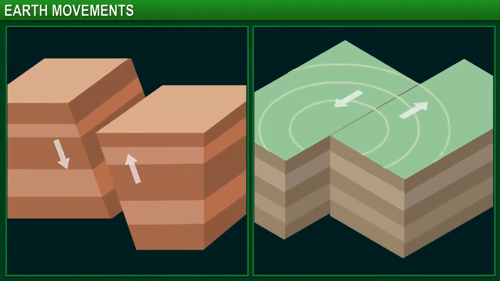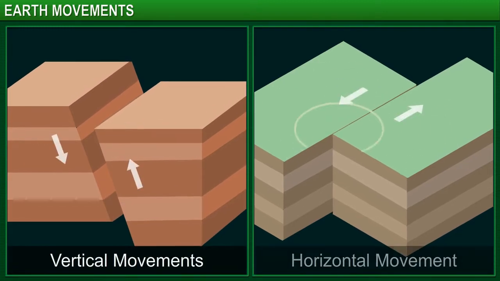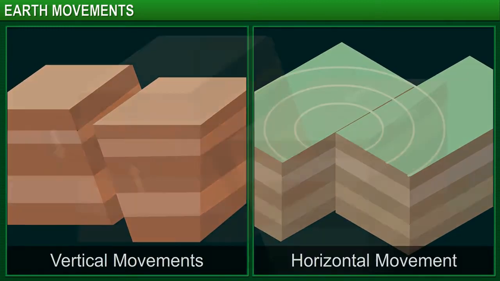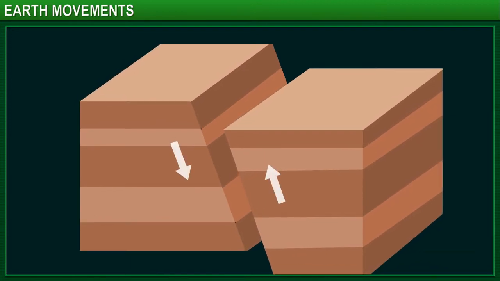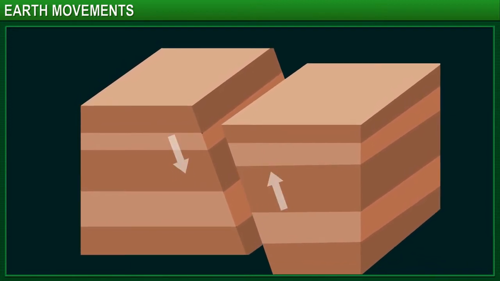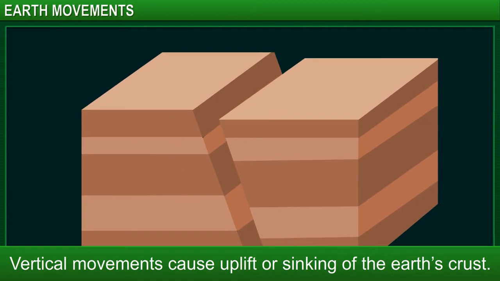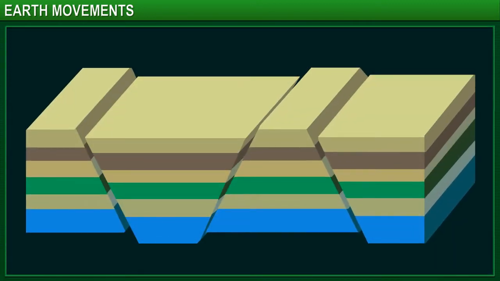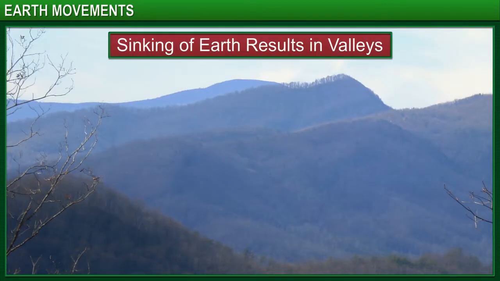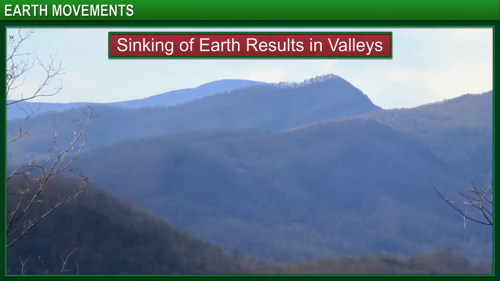Endogenic movements can be vertical or horizontal. Vertical movements cause uplift or sinking of the Earth's crust. When the Earth sinks, valleys are formed.